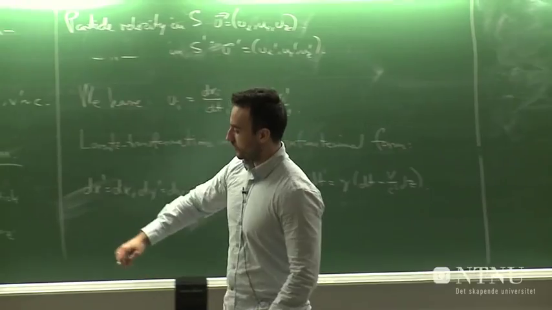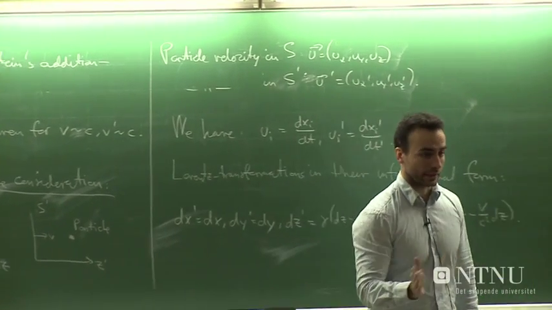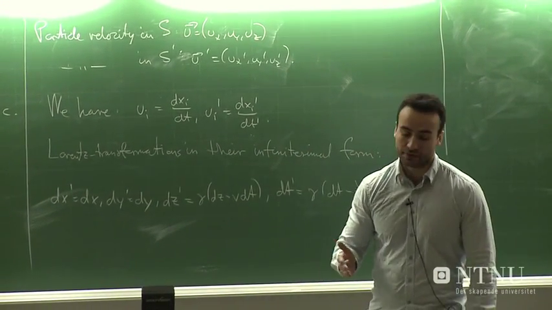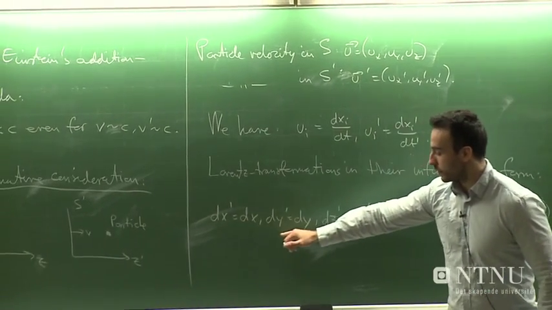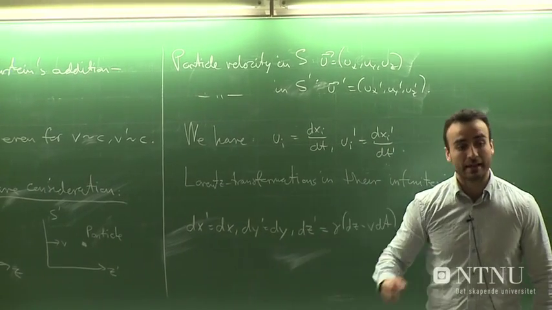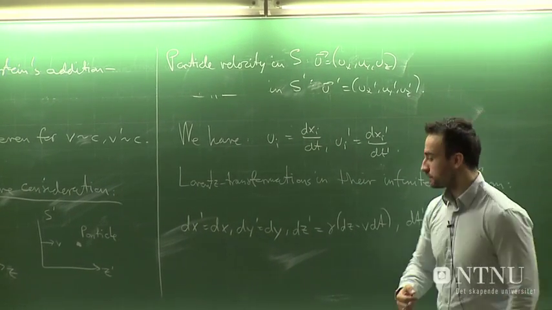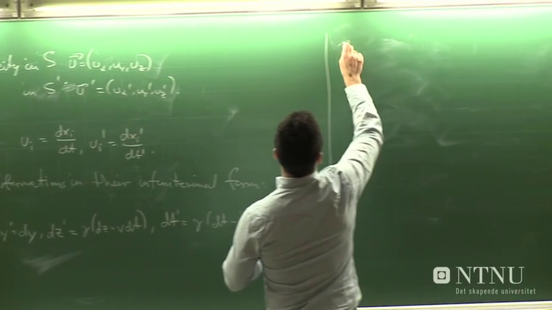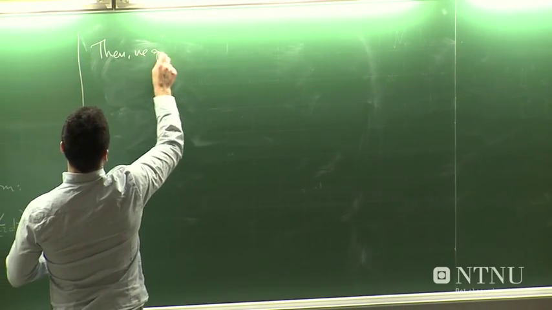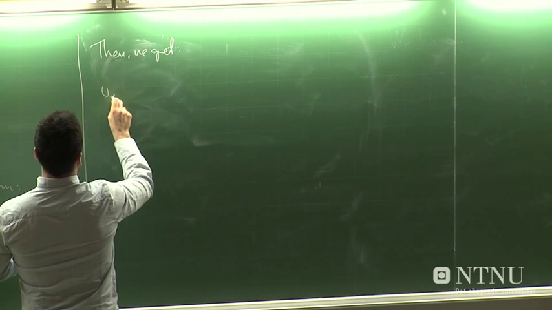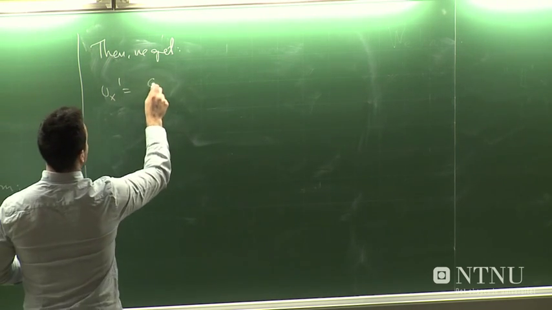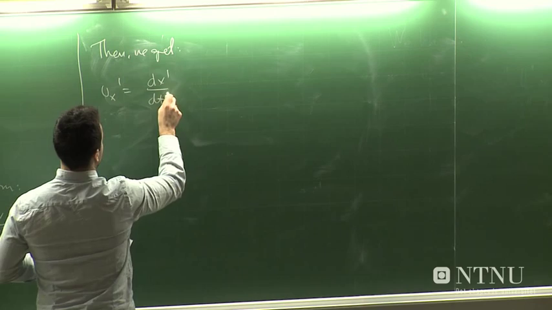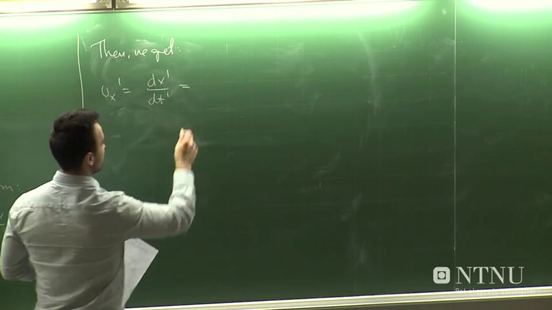So we're considering here a general situation where the particle may move in an arbitrary direction. So it may have a component of the velocity in the x and y direction. Now, we see an equal increment in distance, but time is perceived differently. So we obtain ux prime, which is the x component of the velocity as seen in the prime system. So dx prime is dx.